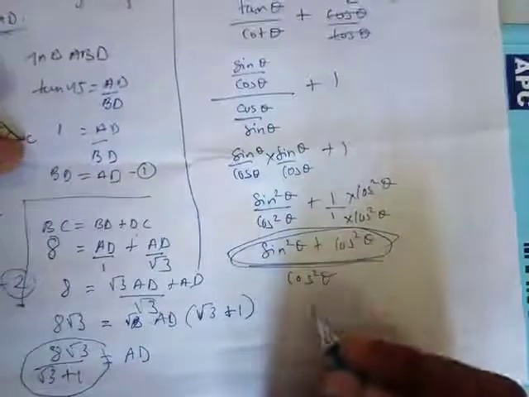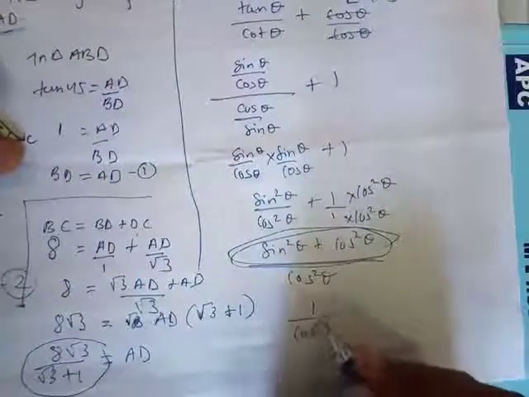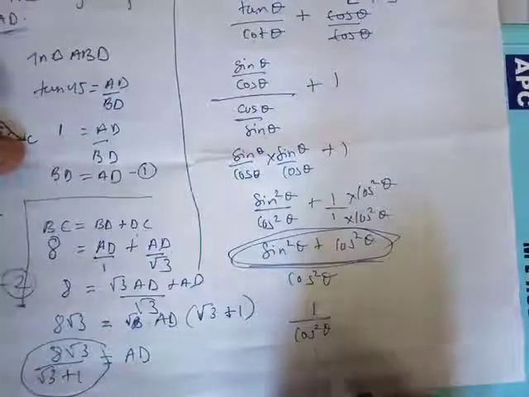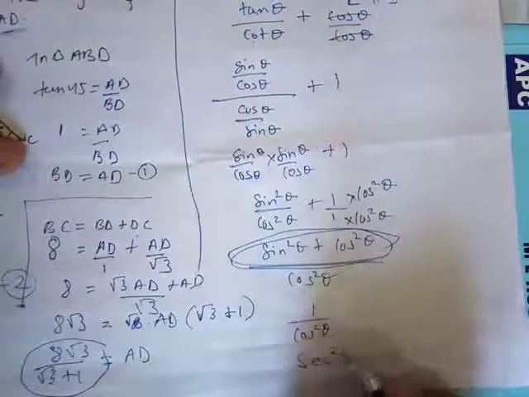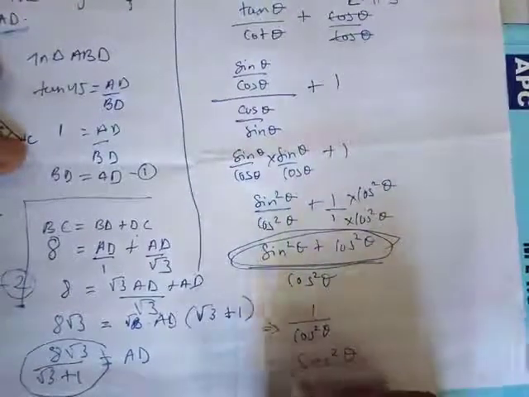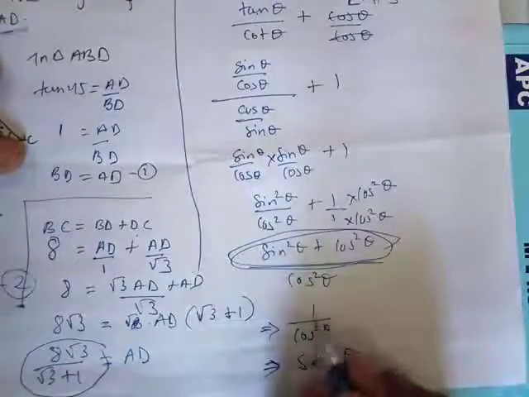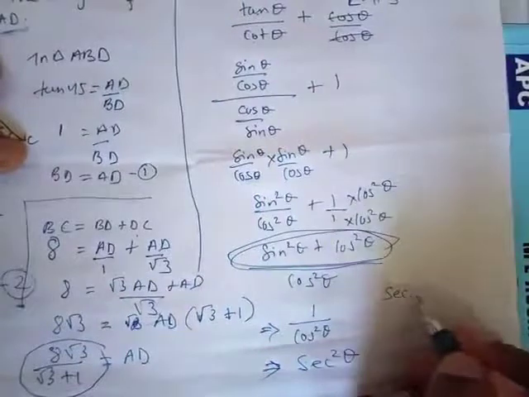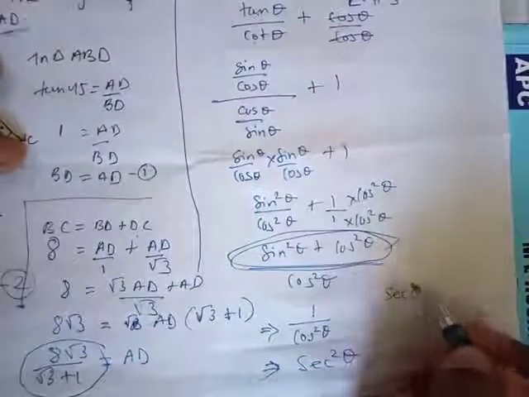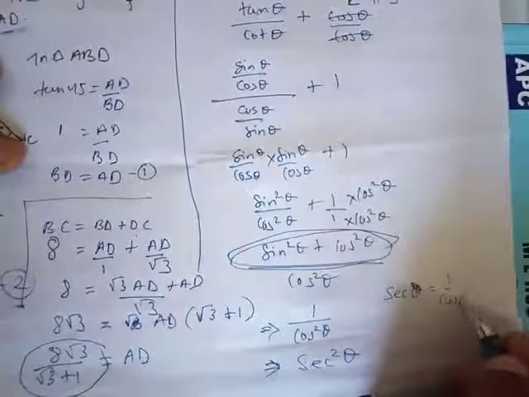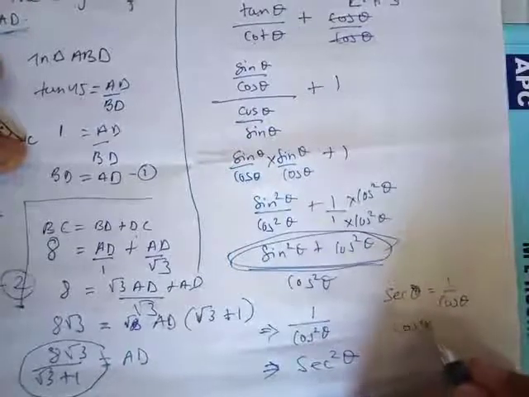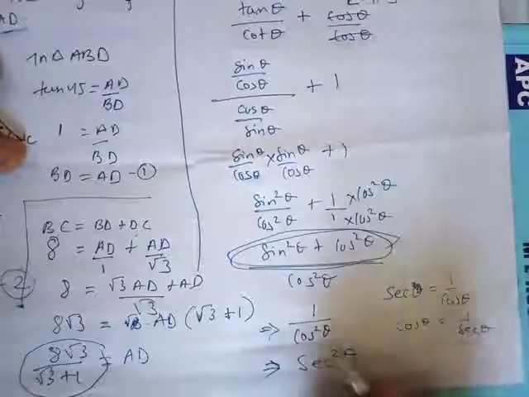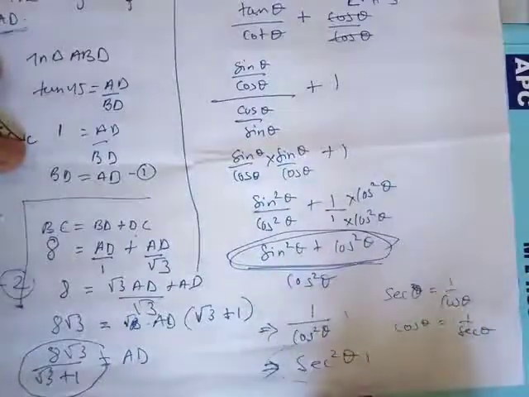So इसकी वैल्यू होती है 1 upon cos square theta. अब 1 upon cos square theta को हम क्या लिख सकते हैं, sec square theta भी लिख सकते हैं, आप पीछे जाके चेक कर लीजिए. ठीक है, 1 upon cos square theta को हम sec square theta भी लिख सकते हैं, क्योंकि sec theta कितना होता है 1 upon cos theta होता है, या cos theta क्या होता है 1 upon sec theta भी हो सकता है. ठीक है, that's why in place of this I wrote down this.